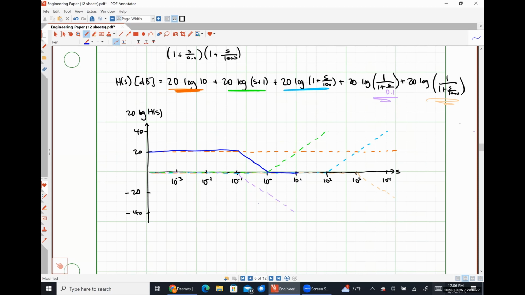At this point, I have positive 20, positive 40, so that makes plus 60. I have 0, and then I have a minus 60 here. So that's 20 plus 40 is 60, minus 60, so still 0.